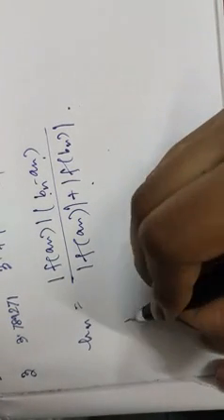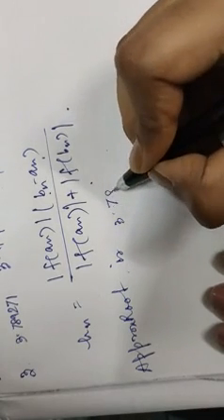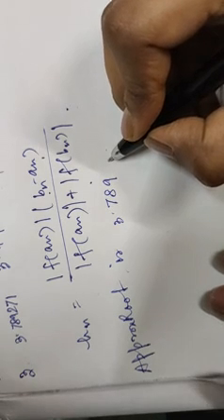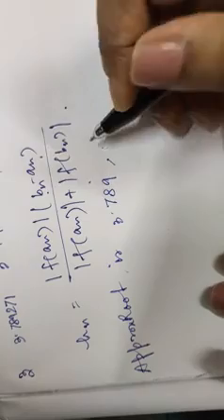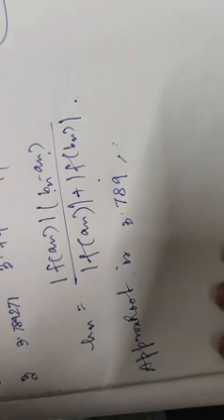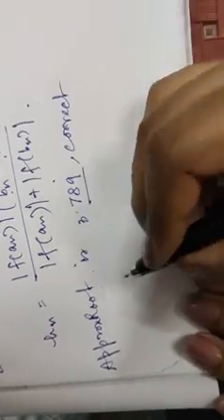So the approximate value of the root is 3.789, and we have to make it correct to 3 decimal places. Actually, according to the question, we have to make it 3 decimal places, that is this one.